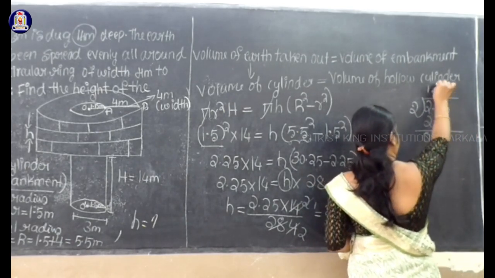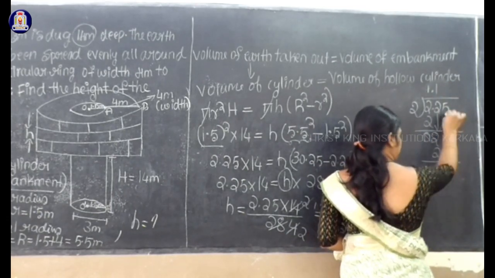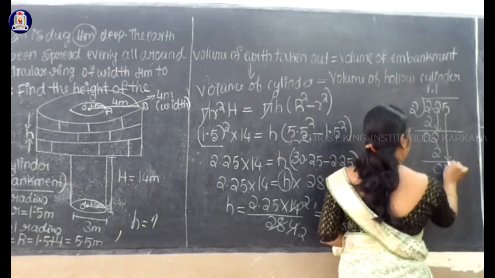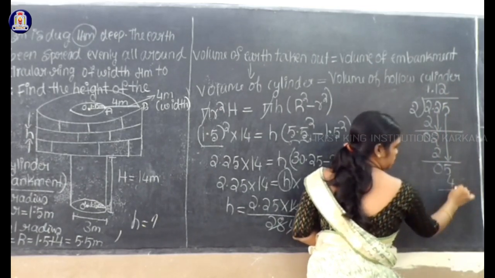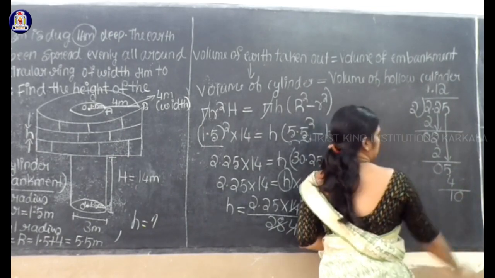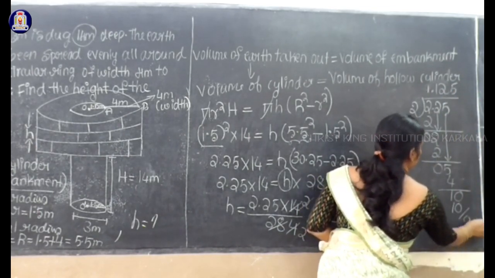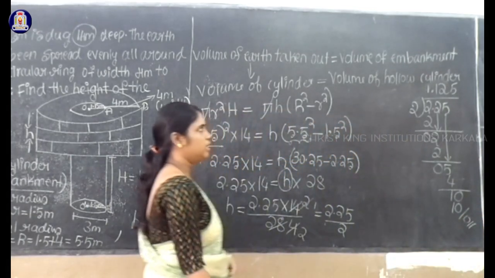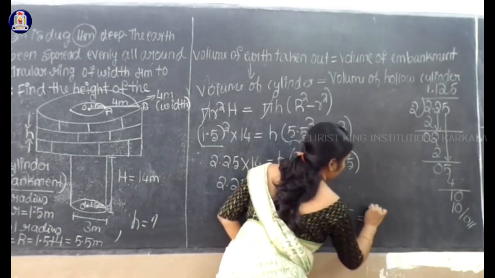Again point. 2 ones are 2. 2 minus 2 is 0. Next term 5. 2 twos are 4. 5 minus 4 is 1. So take 10. 2 fives are 10. So therefore what is the answer? 1.125.